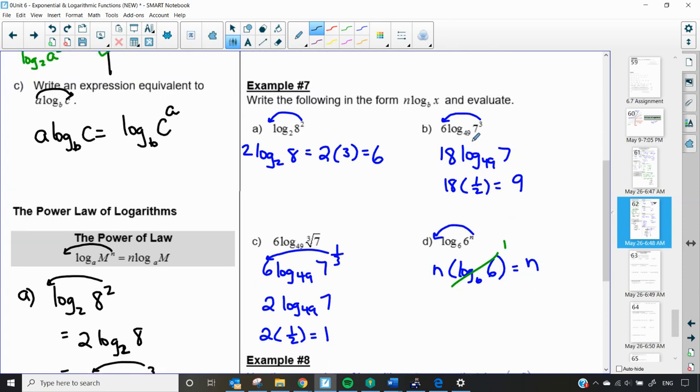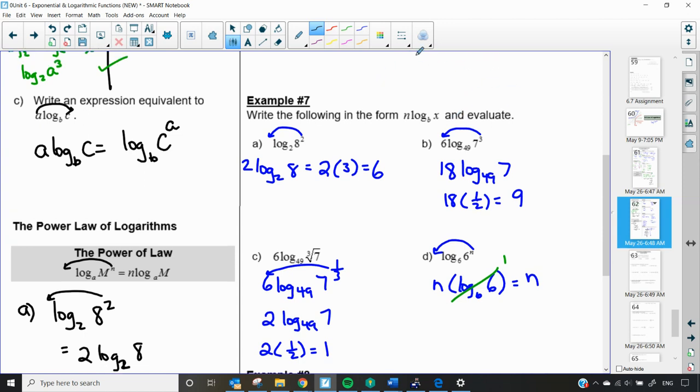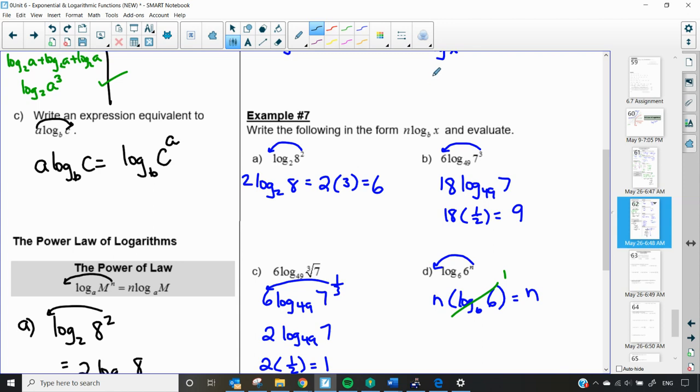Some of them get a little bit more complicated. For example, letter B here. We can do this one as well. That's having to write 7 as base 49. But we can do that. So for this particular question, I would have 6 times log base 49 of 7 cubed.